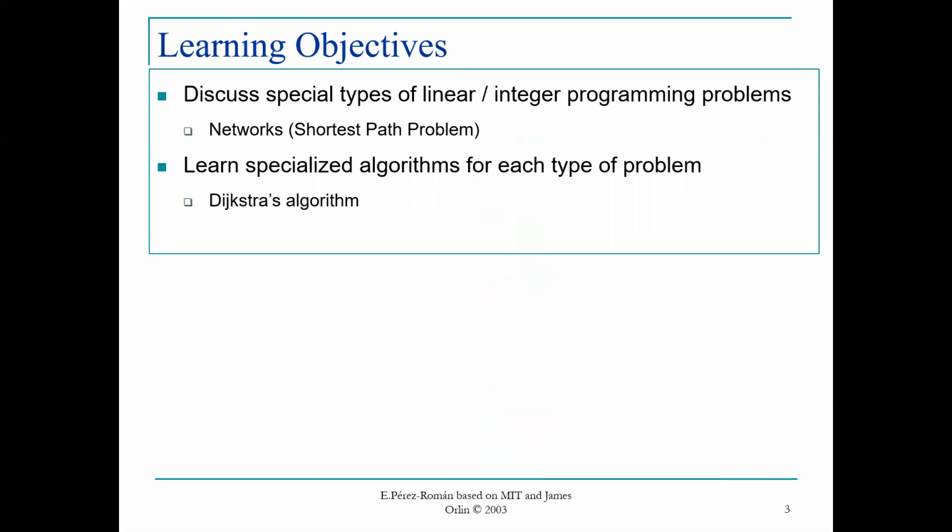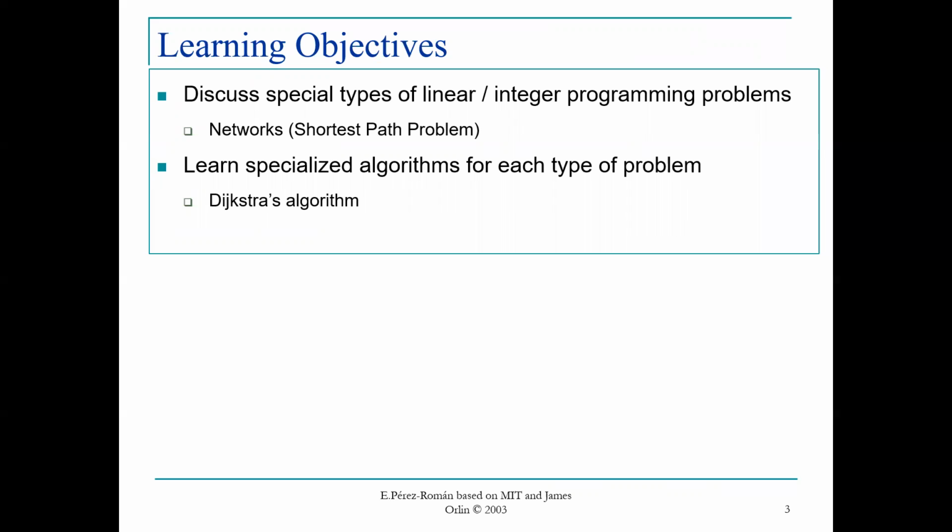The learning objectives for this lecture are to discuss special types of linear integer programming problems, specifically those that are represented using networks. And then after we learn about this network theory, we are going to talk about a specific problem within network theory, which is the shortest path problem.